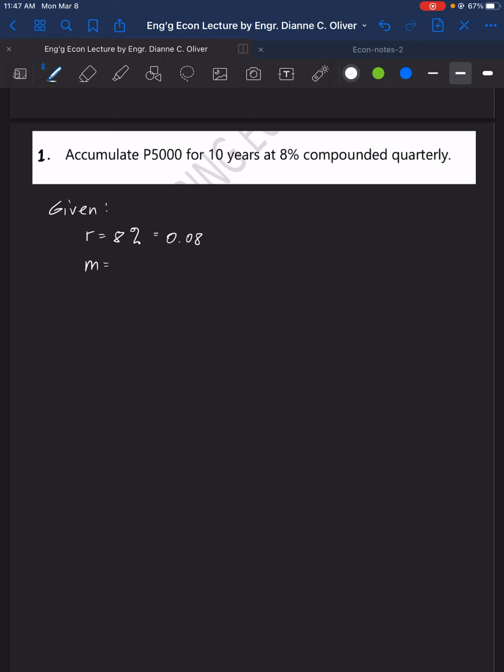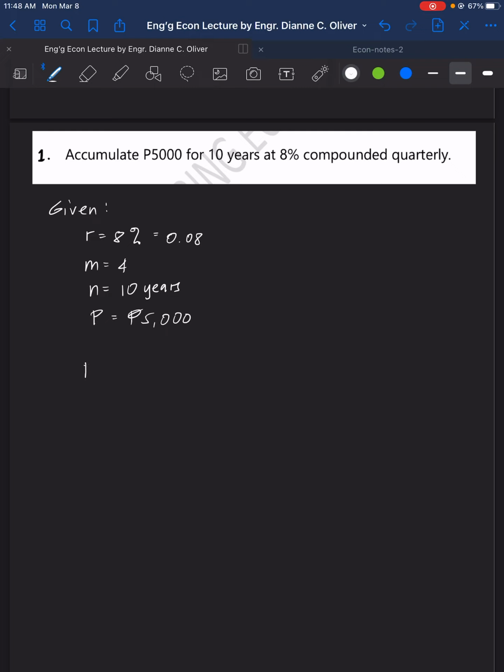M, compounded quarterly, is equal to 4. N, the number of years, is 10 years. And P is 5,000 pesos. So what is now the future amount if the present worth is 5,000 pesos?